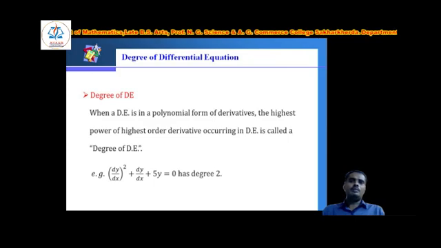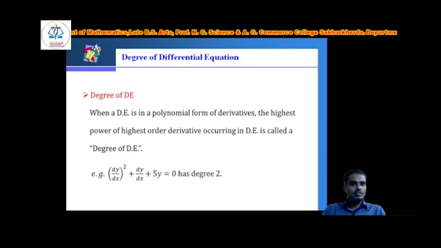Then the degree of a differential equation. Now what do we call the degree? When a differential equation is in polynomial form of derivatives, the highest power of the highest order derivative term is the degree of that differential equation.